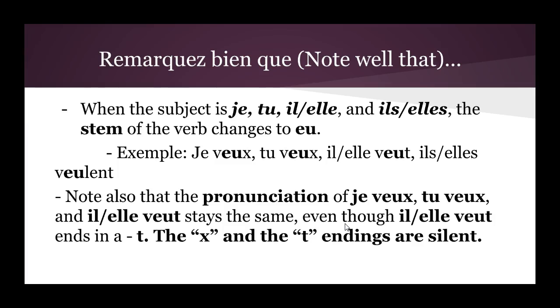Even though il and elle veut ends in a T. Alors, le X et le T sont des terminaisons silencieuses, okay? The X and the T endings are silent, okay? So far so good, j'espère, I hope.